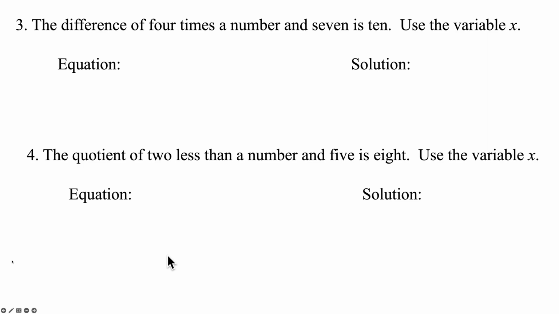Number 3, there's that difference again. All right, 4 times a number and 7 is 10. Use the variable x. So difference of, right here, past the word and to 7, that's going to be my parentheses. So 4 times a number, that's my 4x, and 7, so minus 7, equals 10.